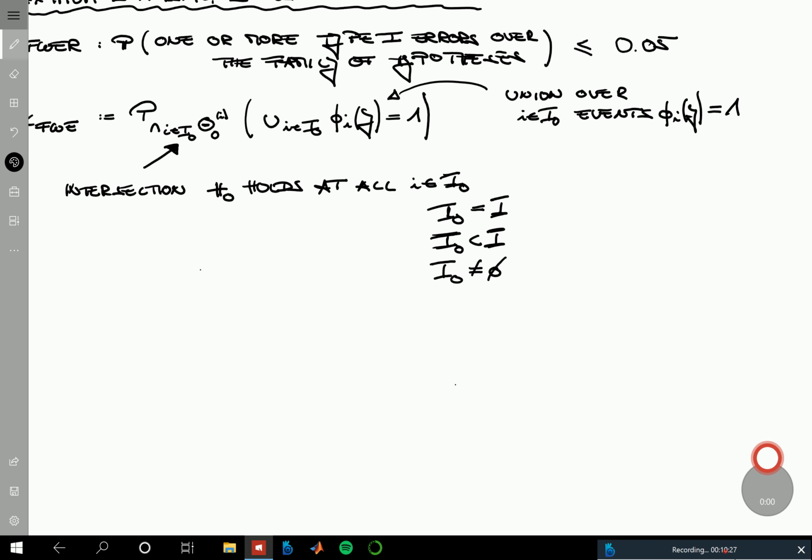And the question is now how to interpret this union statement. And the important thing here is that this is an AND/OR statement.